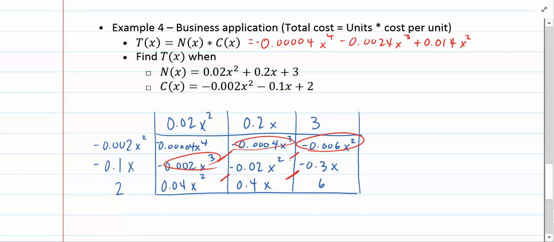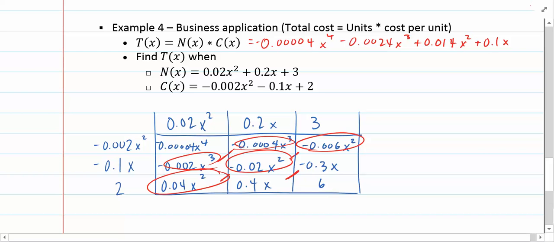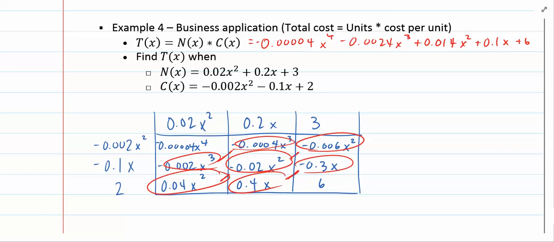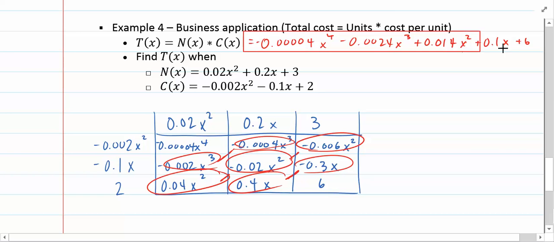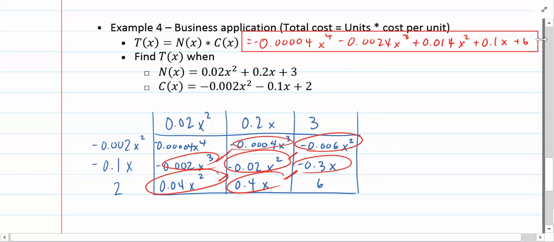I got that term by adding those like terms, plus 0.1x plus 6. So a very odd looking equation with lots of decimals, lots of zeros here, but it is a real world example.